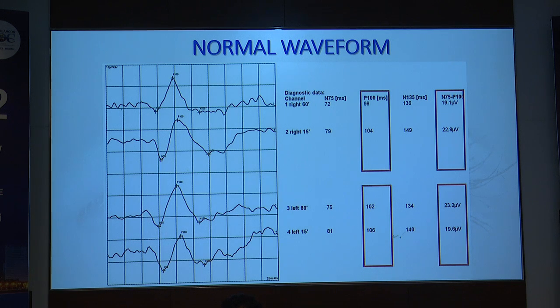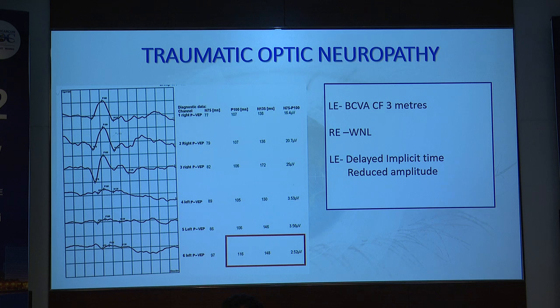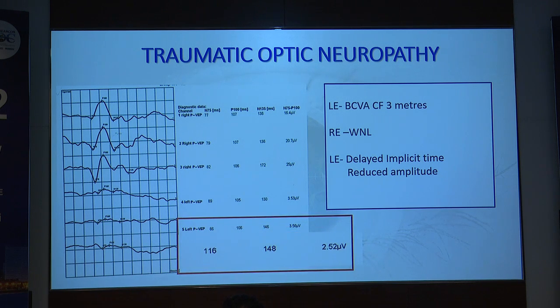A few examples of pattern VEP. This is the normal waveform in both eyes, showing normal latency and amplitude. This case is that of a traumatic optic neuropathy in the left eye. There is delayed implicit time and reduced amplitude versus the right eye.